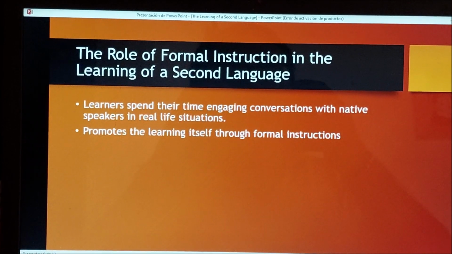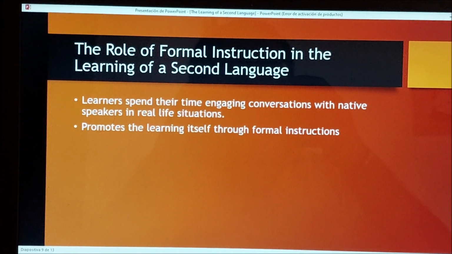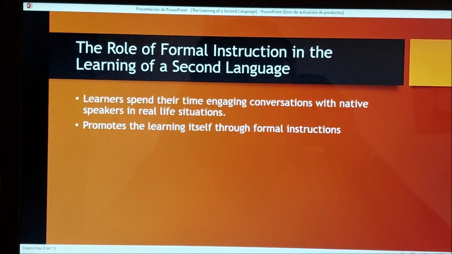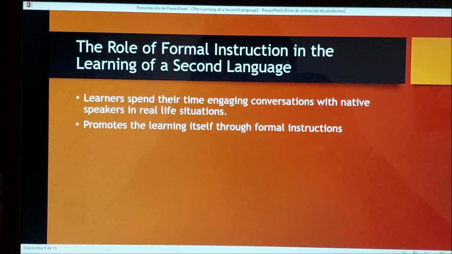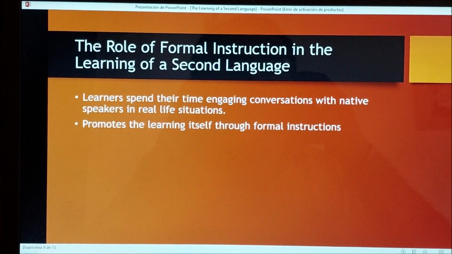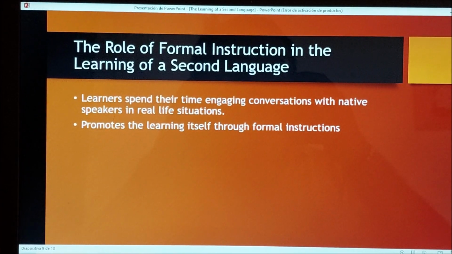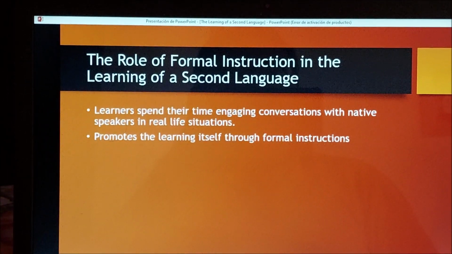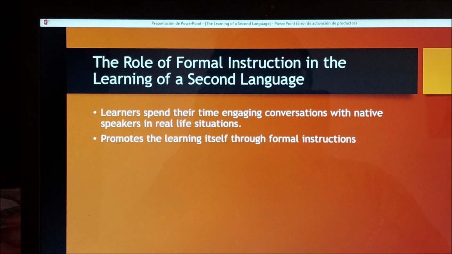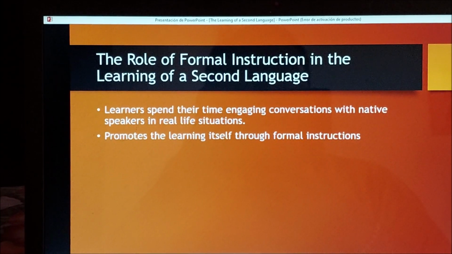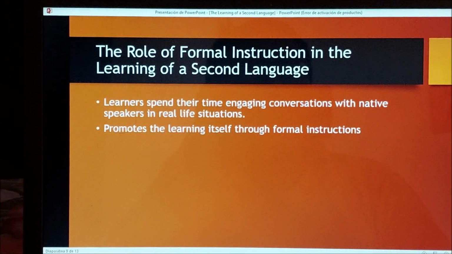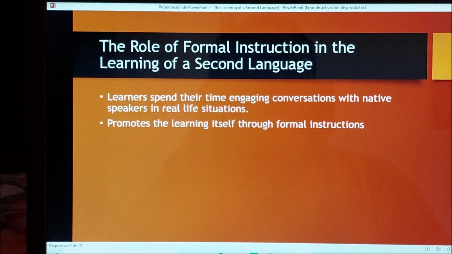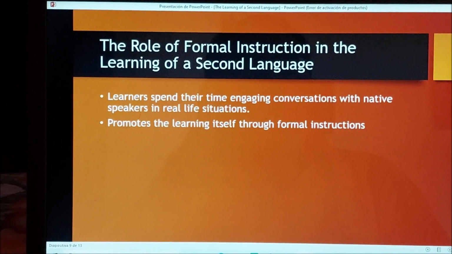Well, you can get that information when you interact with your teacher and with your partners in the classroom. So I think that is a good way to get more information, and you could use your language or your knowledge about the language appropriately, right?